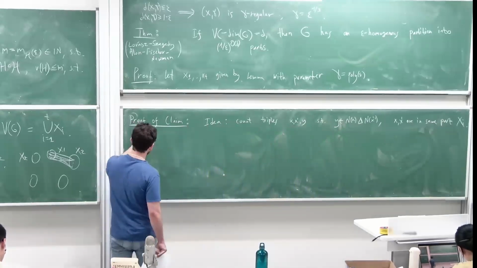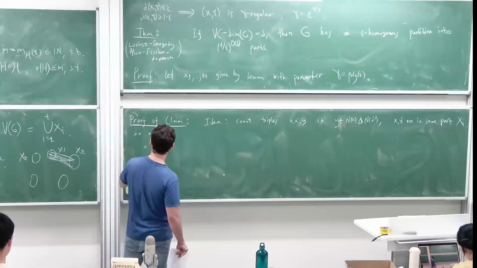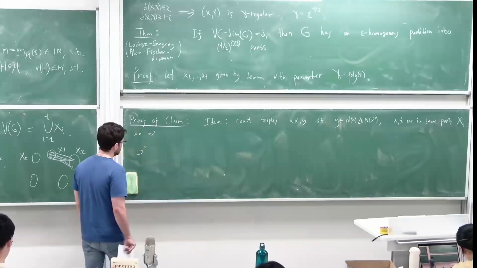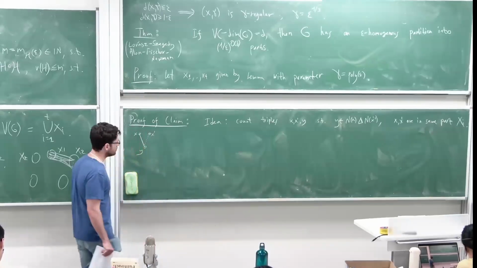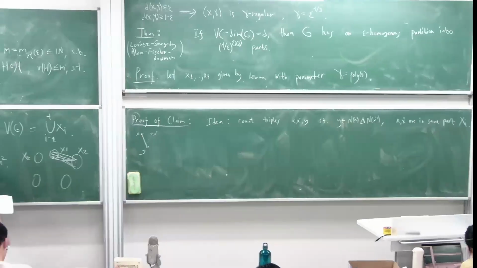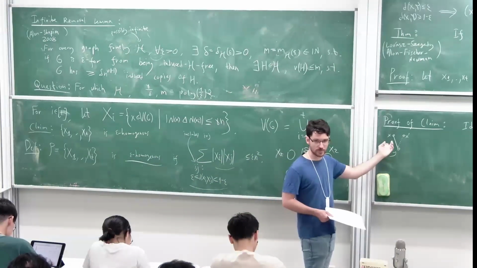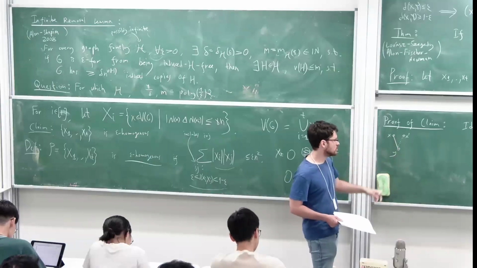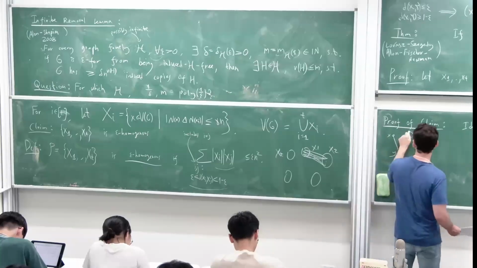So what do we want to count? We want to count triples like this. So this is x and x prime. This is y. And y is connected to one of them and not connected to the other one. That's what it means that this is a symmetric difference. It can also be the other way around, connected to x prime and not to x. And x and x prime come from the same part, Xi.